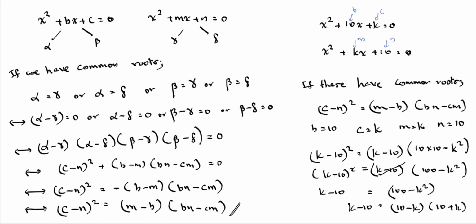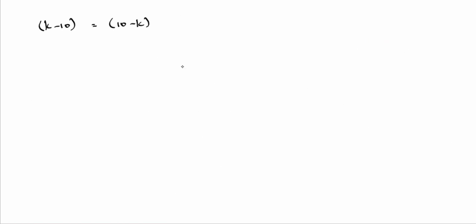Okay, k minus 10 equals (10 minus k)(10 plus k). Then you can take a minus out from one of these factors. If you take minus out here, this will become k minus 10 equals (k minus 10)(minus 10 minus k)... this and this cancel off.